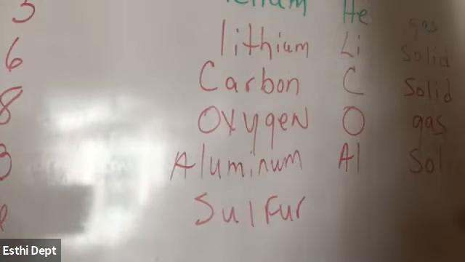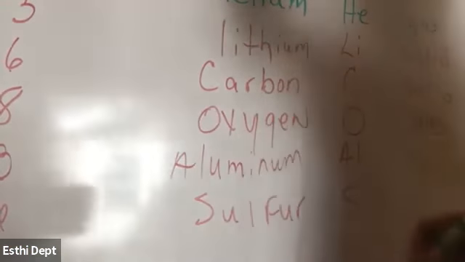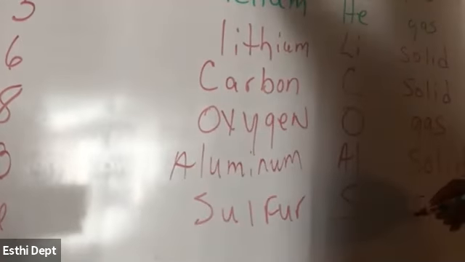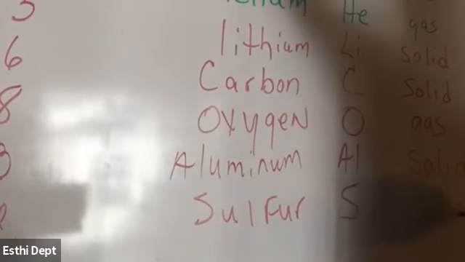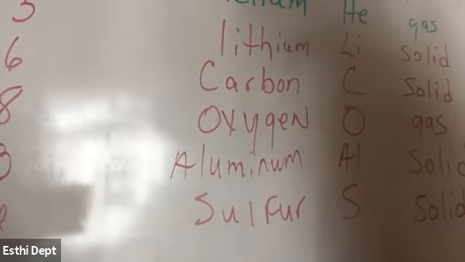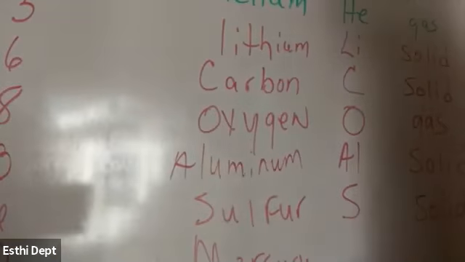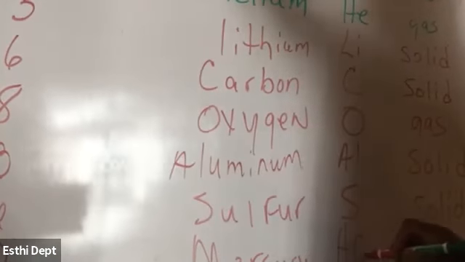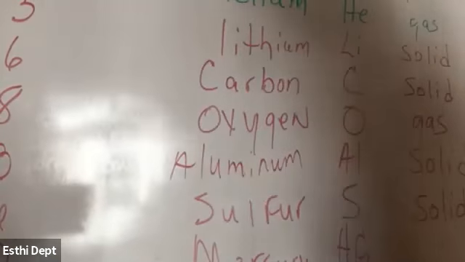The symbol for that is S. And you have this in your book. If you can't see my board, I apologize for that. It's a solid. And then the last one is 80, and it's mercury. And the symbol is Hg. And that's a liquid.